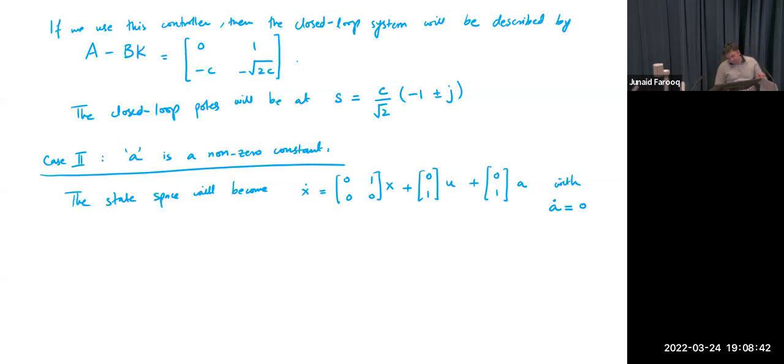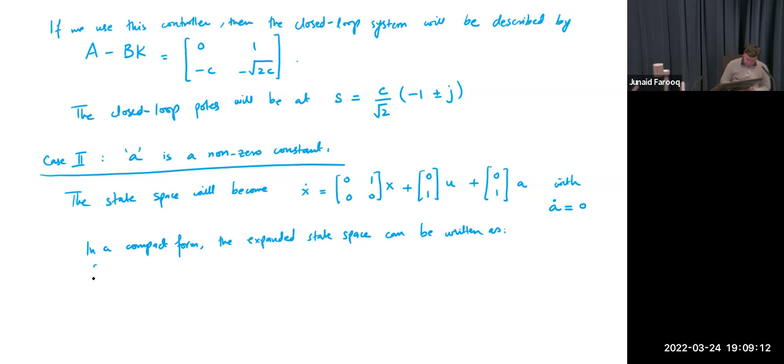Okay, so then you can expand it. In a compact form, the expanded state space can be written as, let's say, x1 dot, x2 dot, a dot equals to... basically x1 dot is simply x2, so you will have a 0, 1, 0 here.